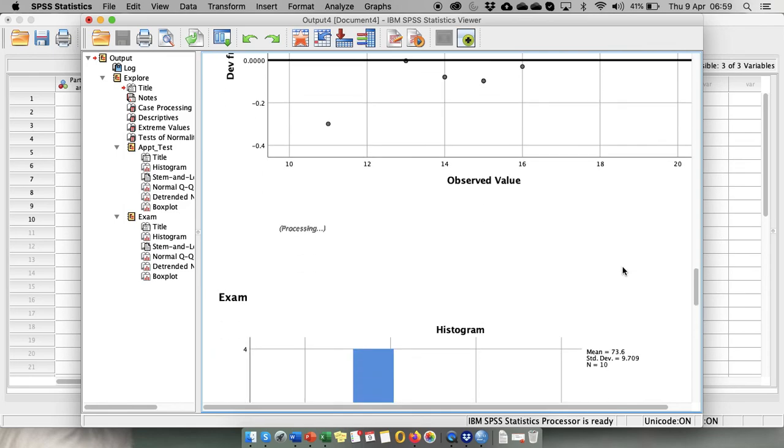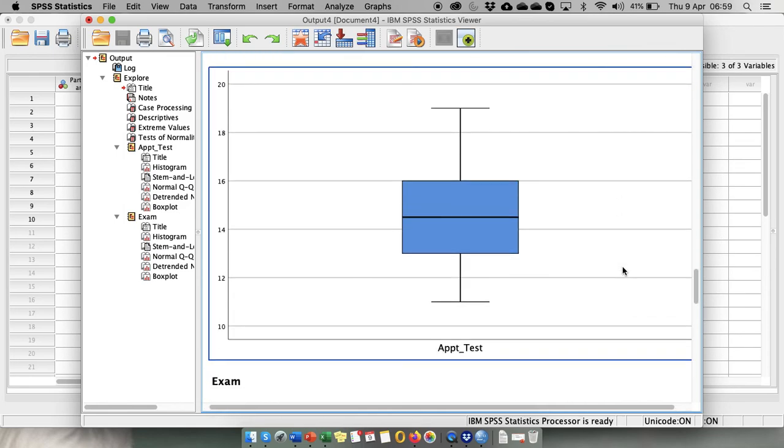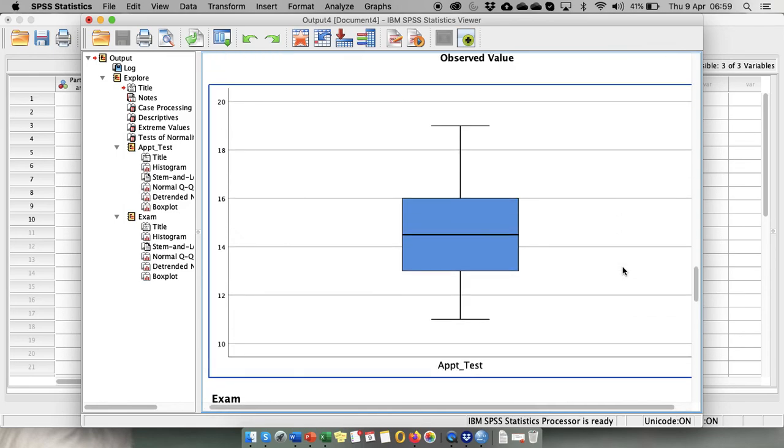This histogram looks a bit ugly, but overall it's not that bad. It does have in a way a bell-shaped curve. And then we have our box plot. In this box plot, you'll be able to see if there are any outliers. If any of the values fall outside this area or this area, they will be denoted by a small circle that will state the row where the data is. It will not state the participant number, it will state the row in the dataset.